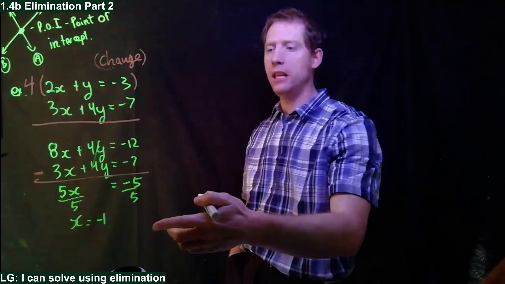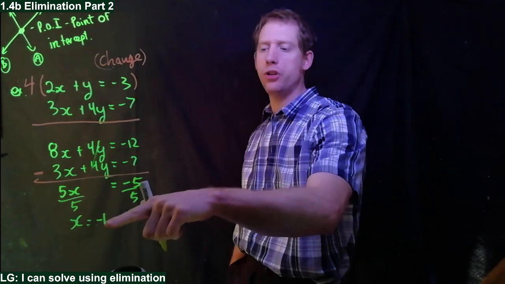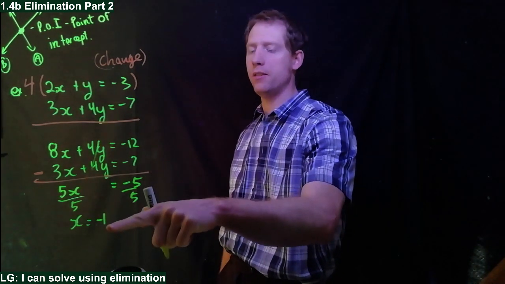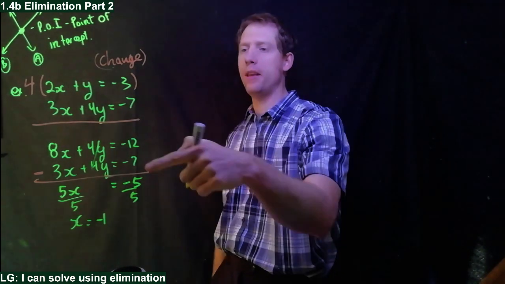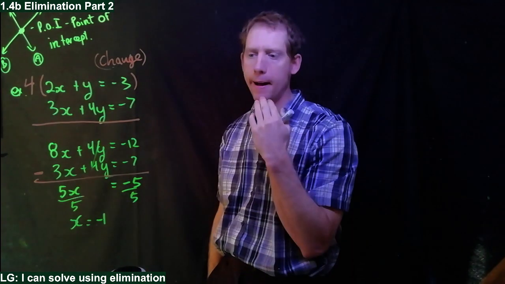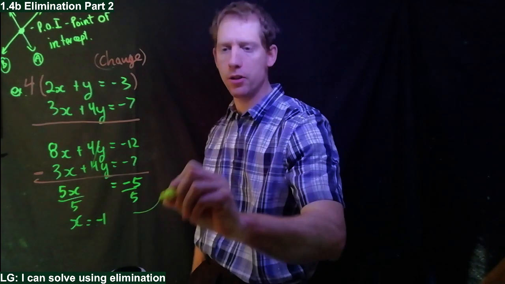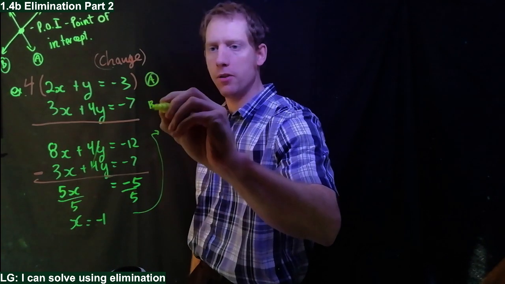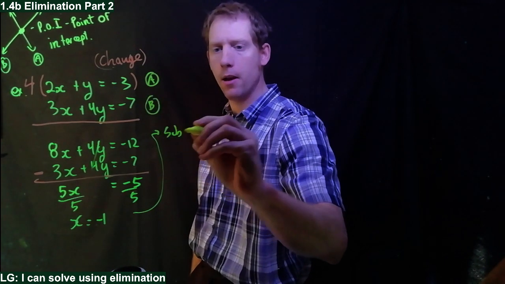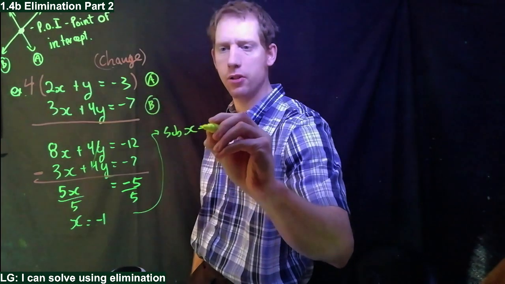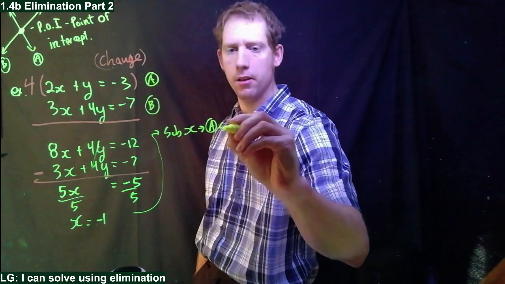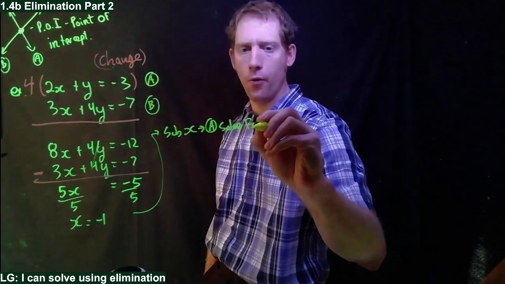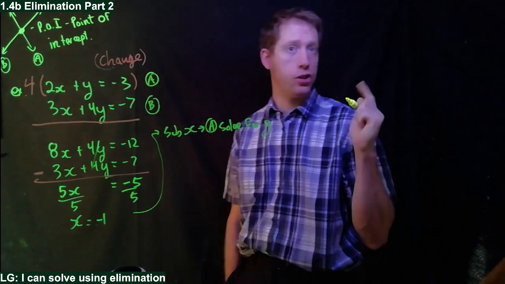So after using elimination, what you do is you can use substitution. You can put this negative 1 inside one of the equations and solve for your other variable. So what I'm going to do is call this equation A and equation B. Sub x into equation A, solve for y, because there are two variables.